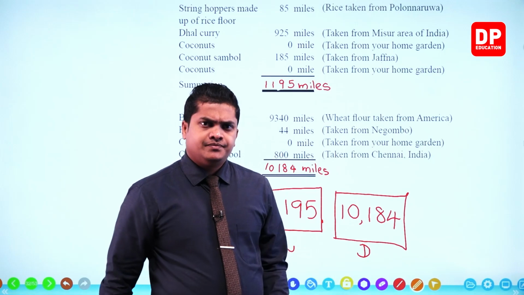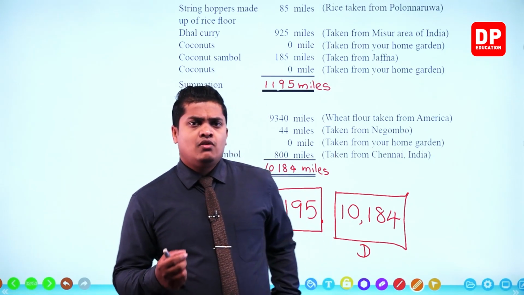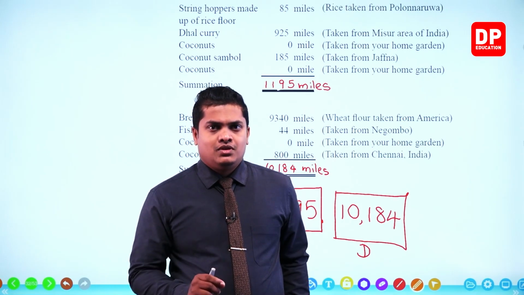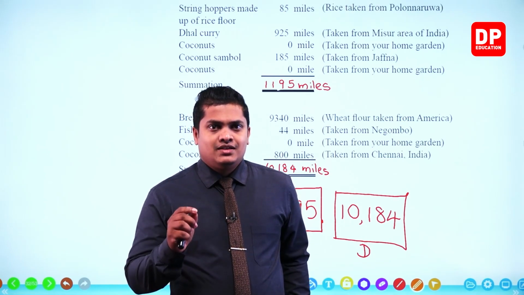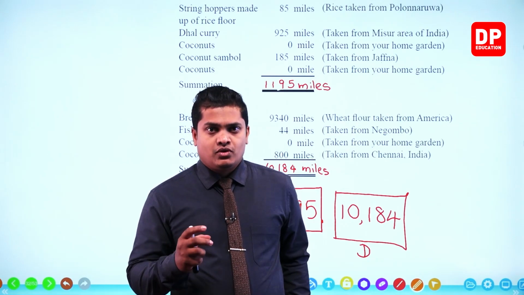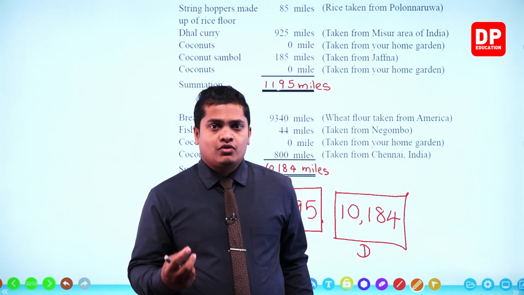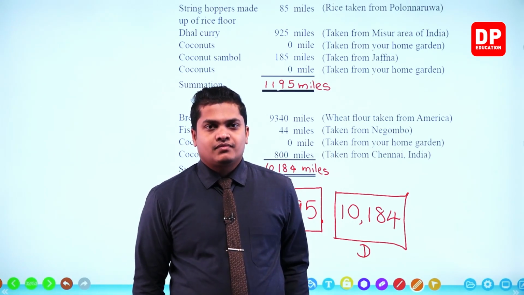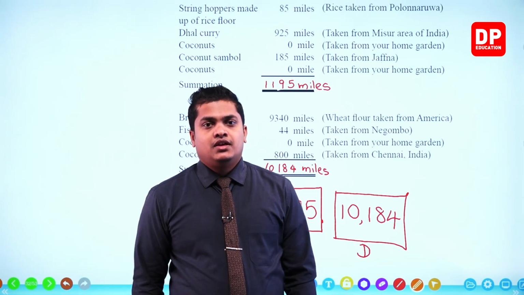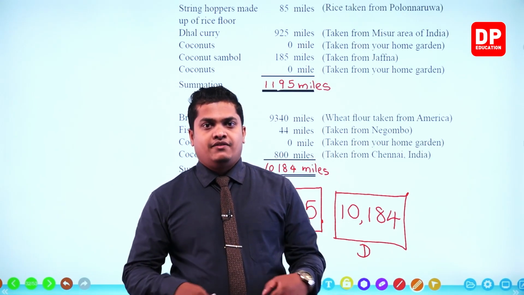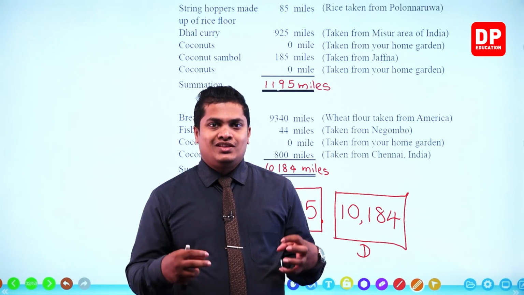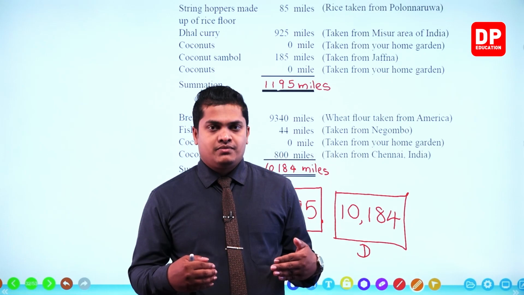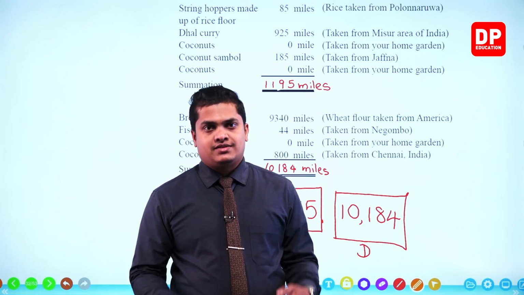Which means what? How can we minimize the food mile? Simple, my dear children. Consume as many national food items as possible, or food items which are grown within the country itself. That way you can minimize the food mile, because if it is grown and utilized within our country, the distance the food item has to travel is going to be very less.